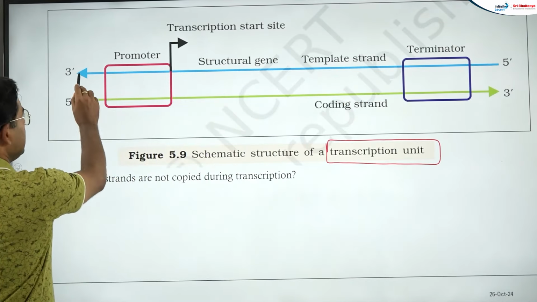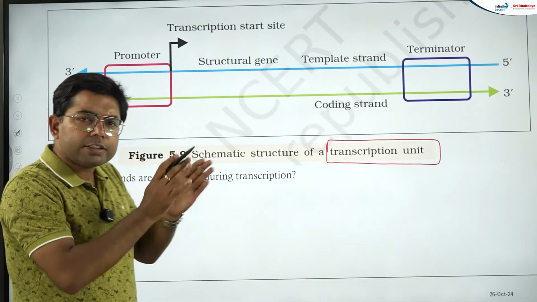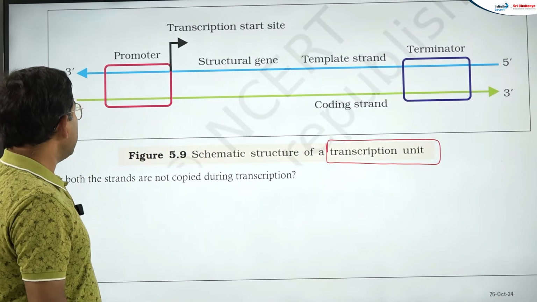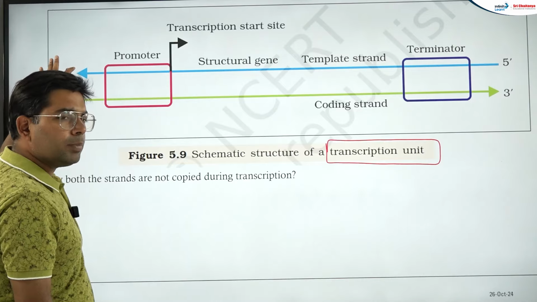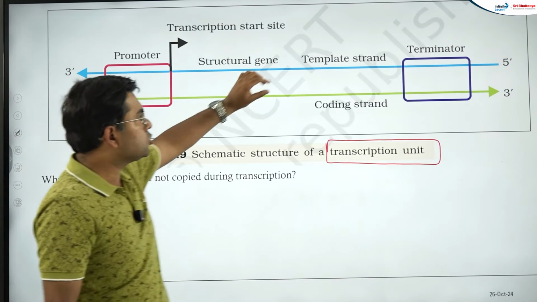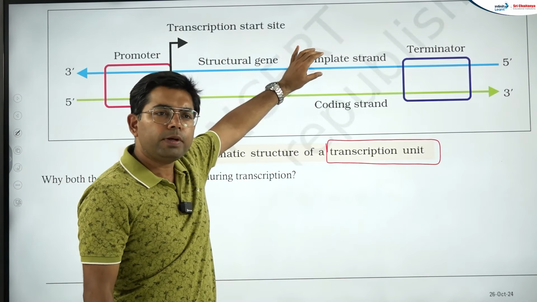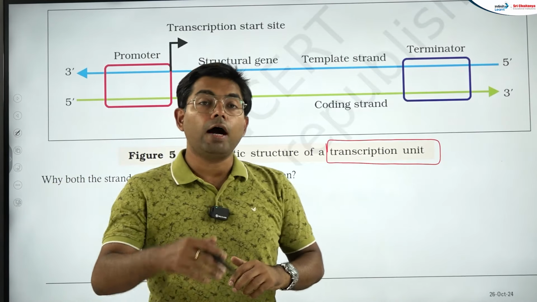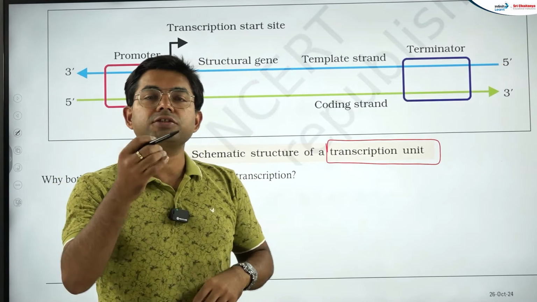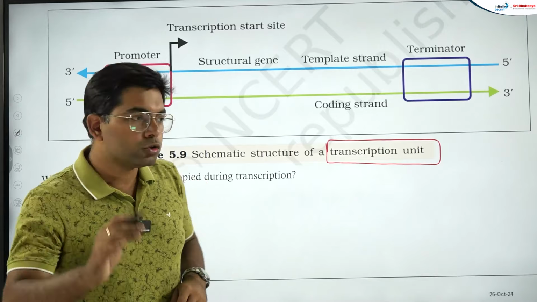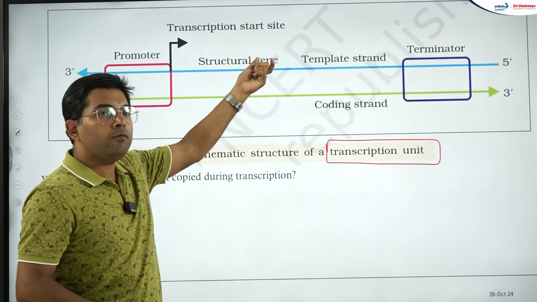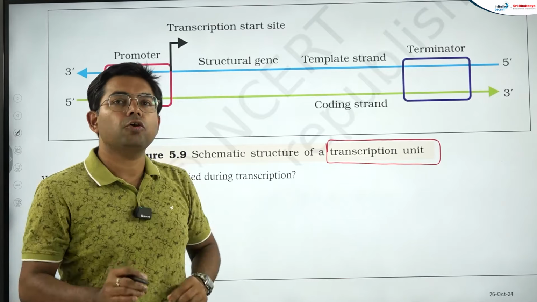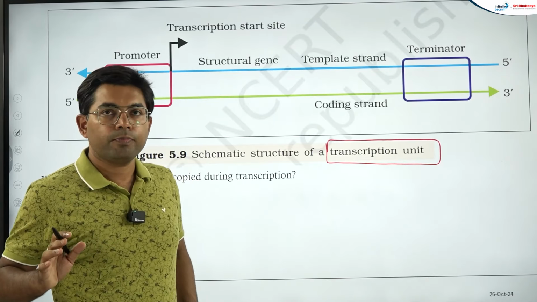So now here the transcriptional unit consists of promoter, structural gene and terminator. So here there are two strands, and DNA strands are anti-parallel. So as we can see here, these two strands are anti-parallel. Now out of this, one of the strands will be called the template strand, another strand will be called the coding strand. Now how will we say which strand is the template strand? So the strand from which the RNA is synthesized is called the template strand.